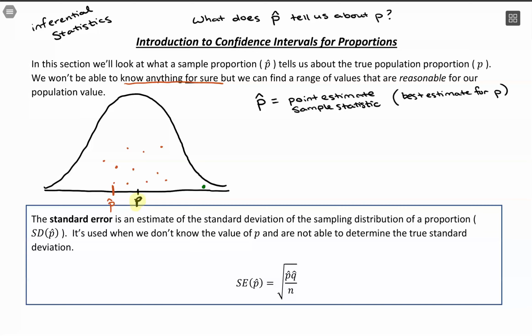But what we don't want to do is to say our sample proportion is equal to the population proportion. It could possibly be, but it's quite unlikely for them to come out to the same exact number. So that's where we don't want to just say the sample proportion is the population proportion. What we want to do is think about this sample proportion that we're getting out, and we want to bring in some margin of error for it.